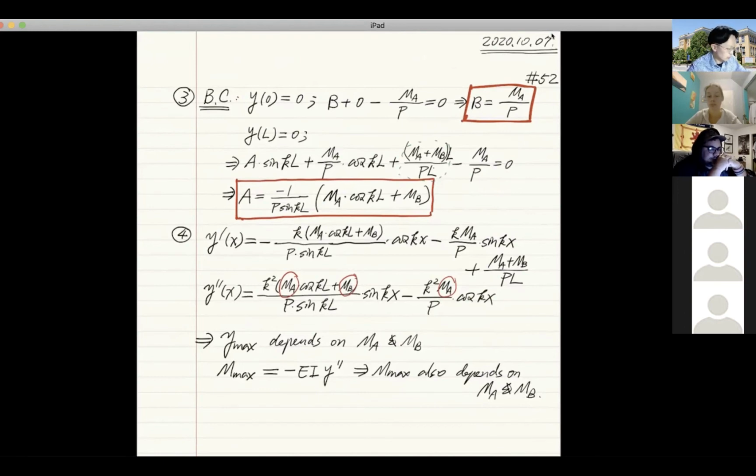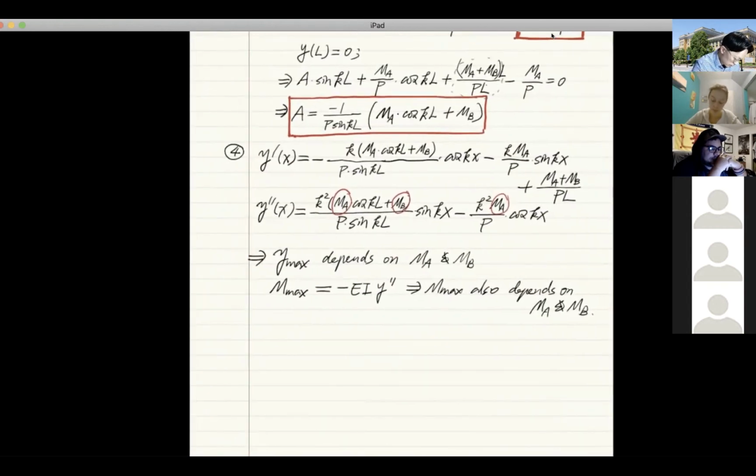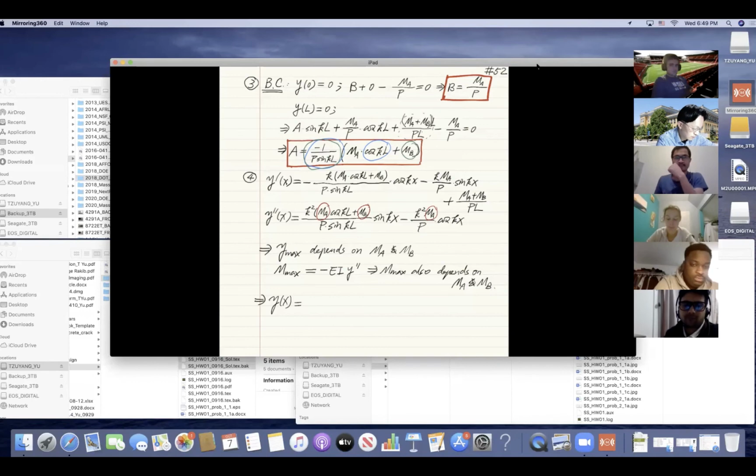I will just give you the final result. This final result is this. So what we're going to do is look at the expression of Y of X in terms of MA and also MB. Now, if you do it with MA, you can write this by dividing everything by MB. Then you can take the MB out.